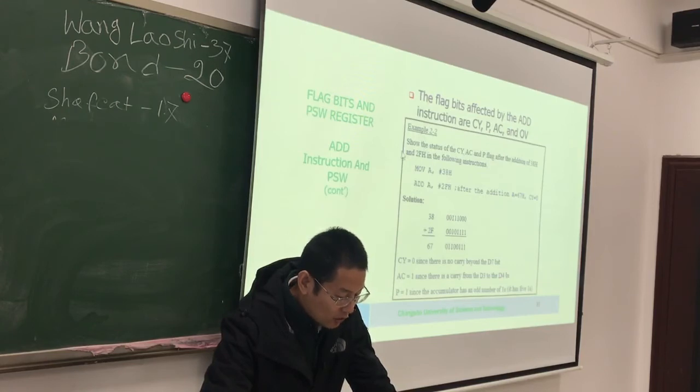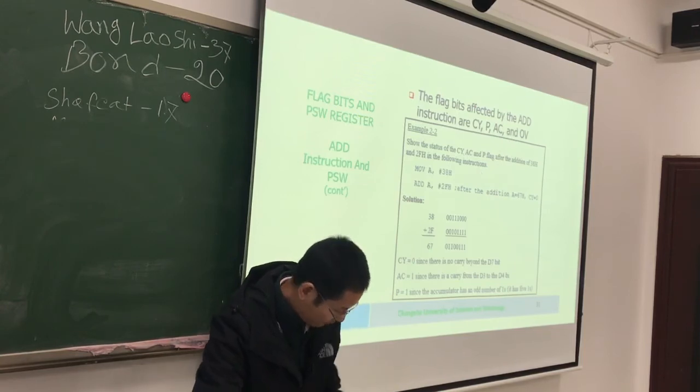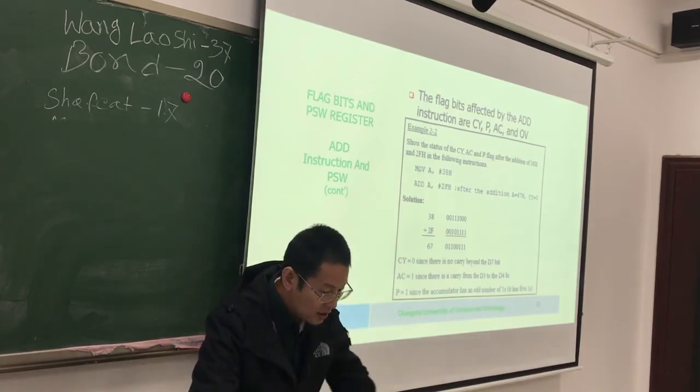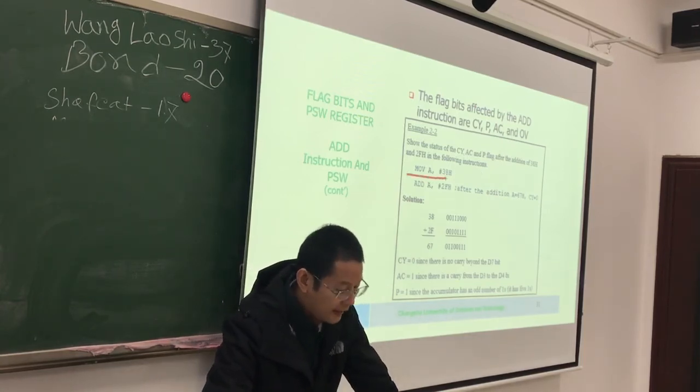For example, show the status of the CY, AC, and P flags after the addition of 38H and 2FH in the following instruction. MOV A, #38H.